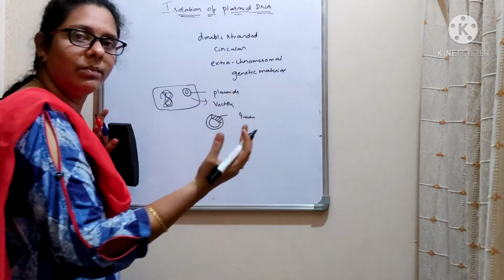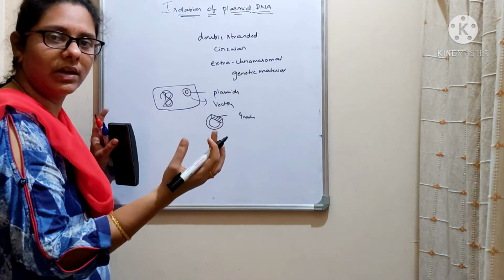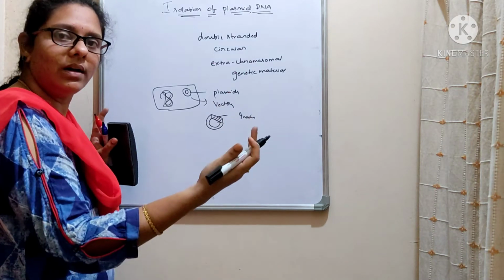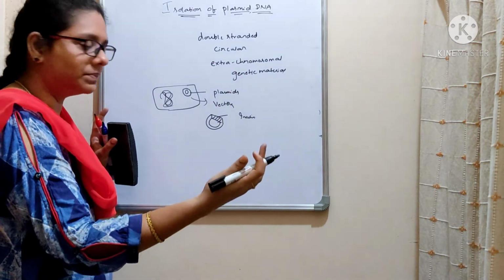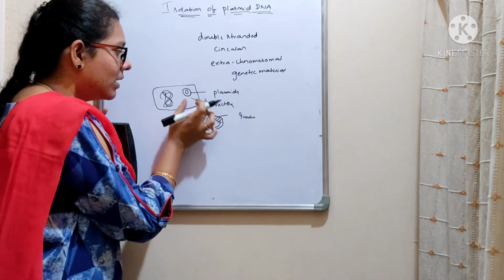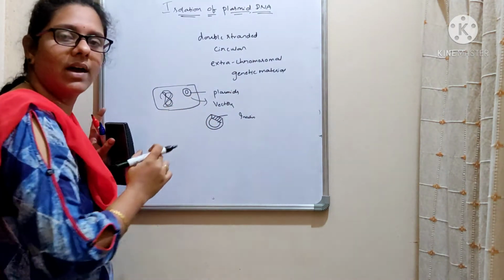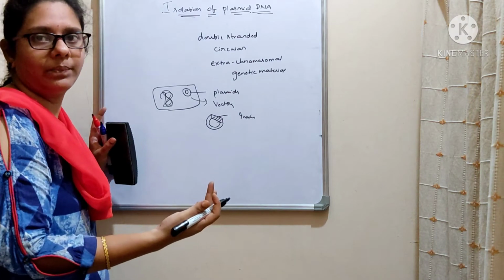We are interested in producing a huge amount of insulin and we want to clone this gene to make a huge amount of insulin. So for that reason we can use these plasmids as a vector, because these plasmids have a replicative property.